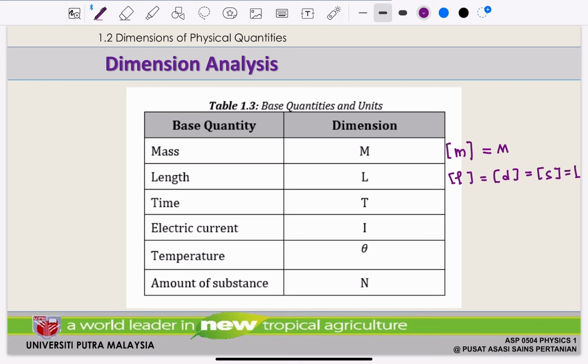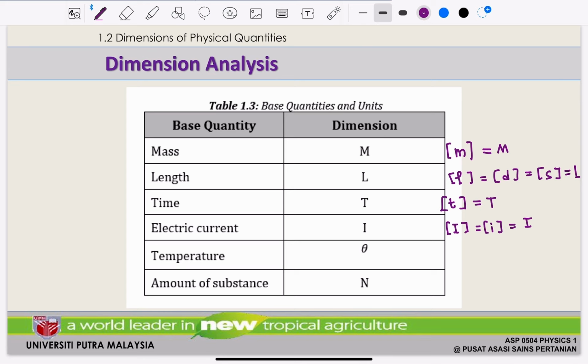And then we have time. The symbol for time is t. The dimension of time is capital T. For electric current, the symbol for electric current is I, or some book use small i, and its dimension is I. Why we put dimension, we simplify the dimension, we want it to write more neat, more kemas lah, neat untuk kita tulis.